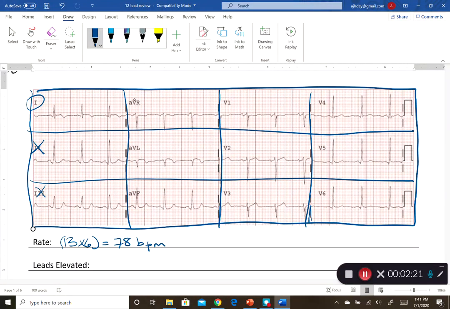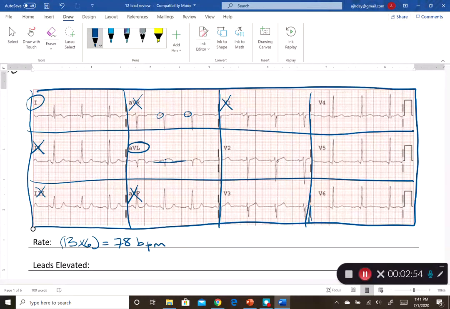We don't use AVR in diagnostics because it doesn't correspond with a certain wall. What we do want to see in AVR is that our P waves are inverted, which just indicates that we have correct lead placement. When I look at AVL, I definitely have some elevation there. There's my J point up there. There's my isoelectric line. Looking at AVF, I don't have any ST elevation. In V1, I actually have a little bit of depression maybe.